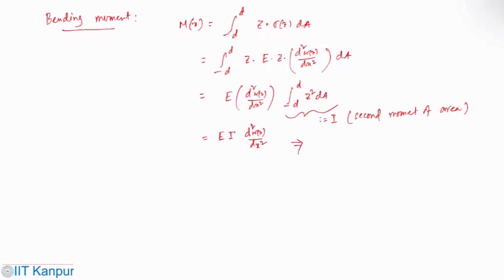So one can write from here M equals EI 1 by rho. Okay, that's what you have as bending moment.